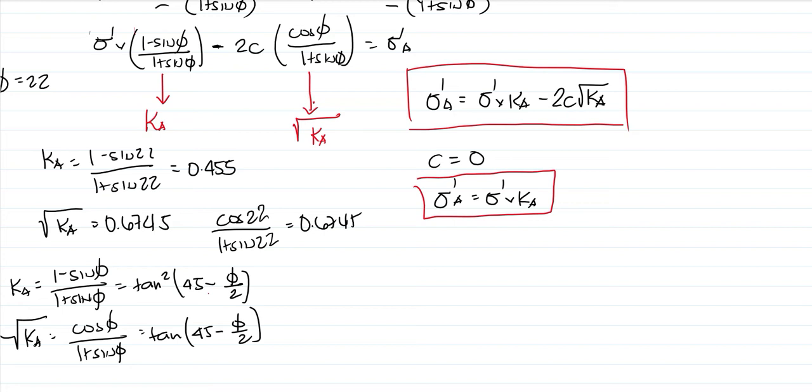Pero dito sa active condition, kino-consider na natin yung cohesive and kung non-cohesive siya. So, ito yung equation for cohesive na na-derive natin and this is for non-cohesive. So, yung values ng Ka is ito and yung values para makuha si square root ng Ka is ito. So, that will be the derived equation for our active earth pressure or the active earth pressure coefficients din.